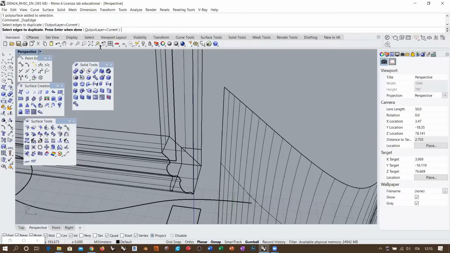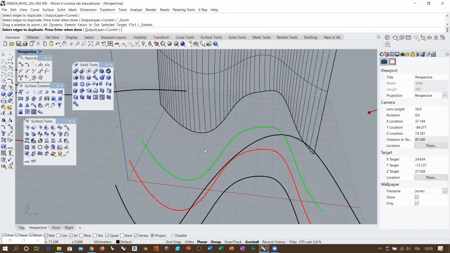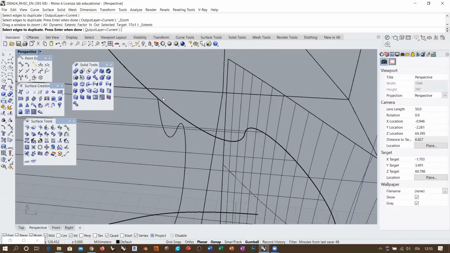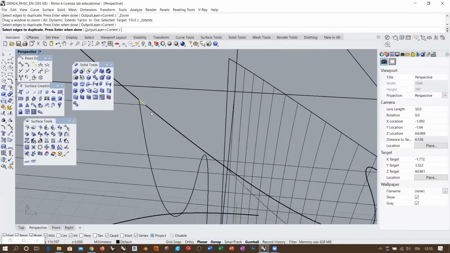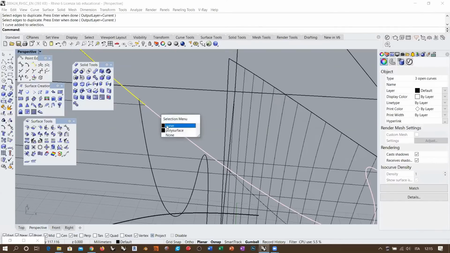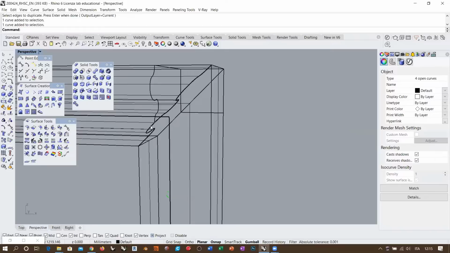See how much time I am wasting because of my decision not to work with an optimized topology. Okay, so I suppose that also here I have this missing edge. Now I can select this curve, plus the edges that I just extracted, like this and like this, and join them all together into 2 open curves.